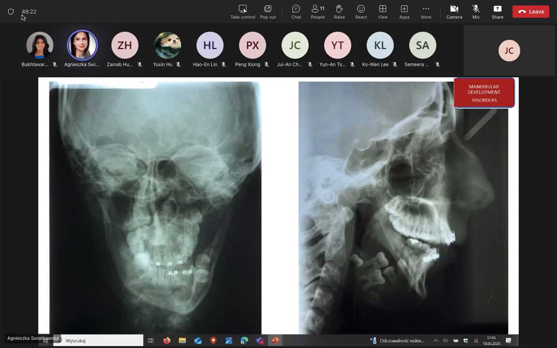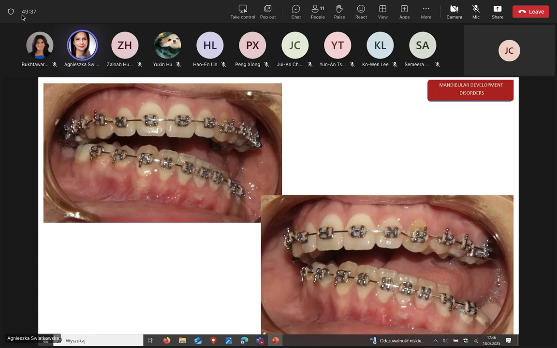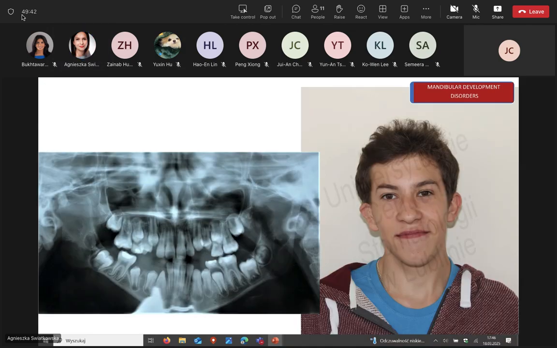Her cephalometric X-ray and PA X-ray and her orthopantomogram. This girl needs orthodontic treatment. Here look what is typical: a very small condyle on this side, and look here, the neck of the condyle is much longer.